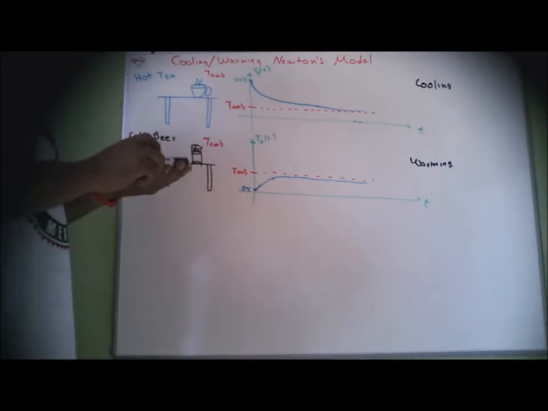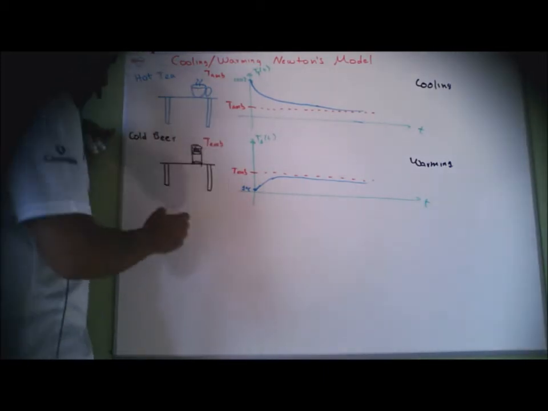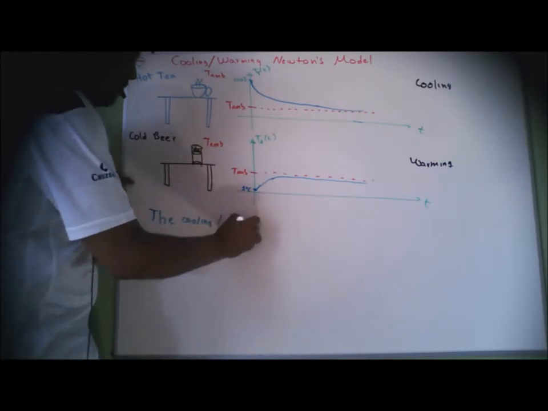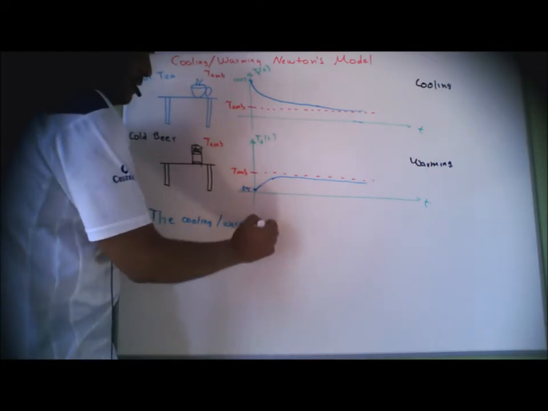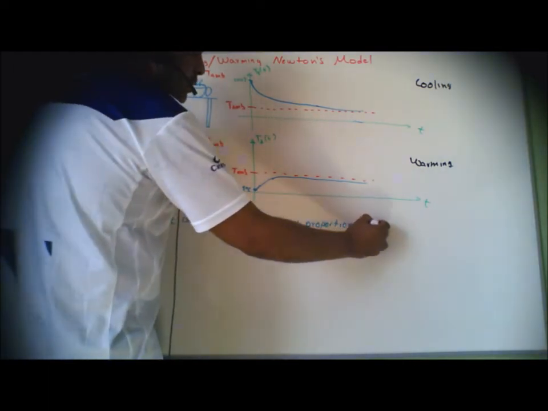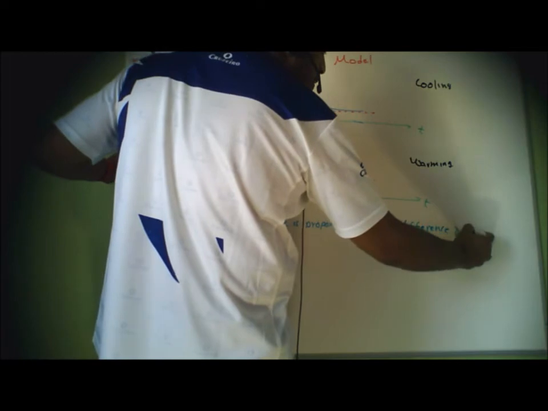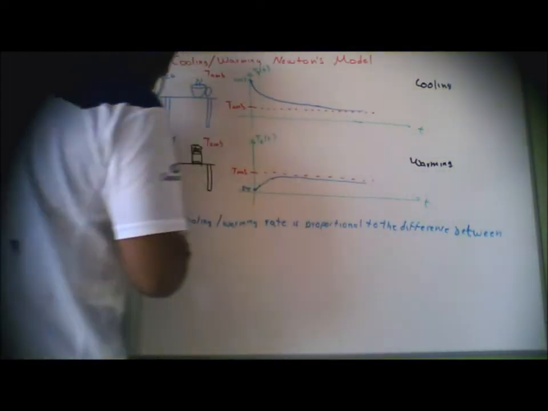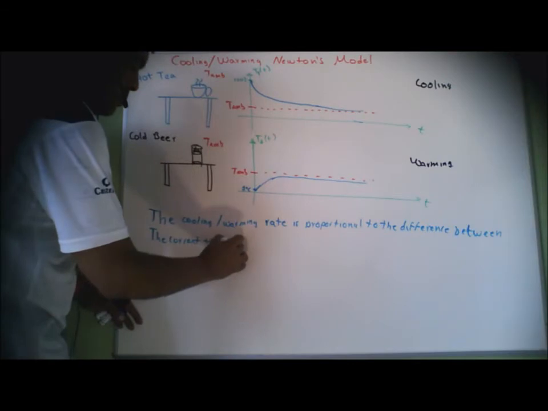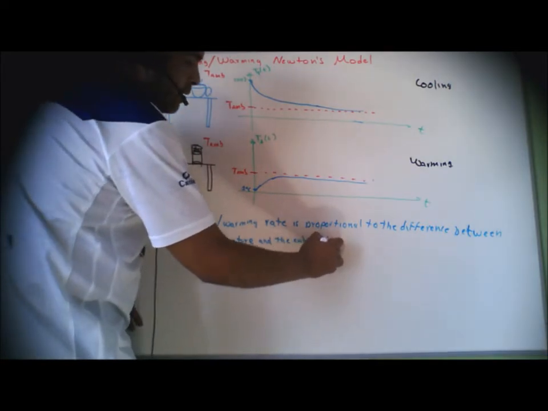And what Newton realized was, let me write it, Newton's model is that the cooling or warming speed or rate is proportional to the difference between the current temperature and the ambient temperature.